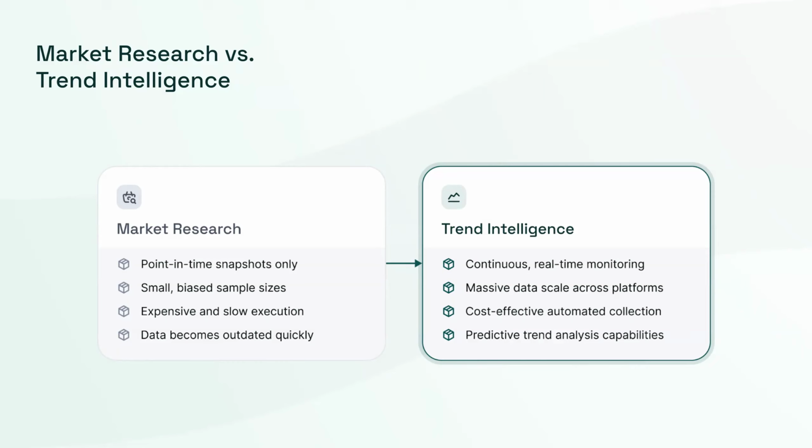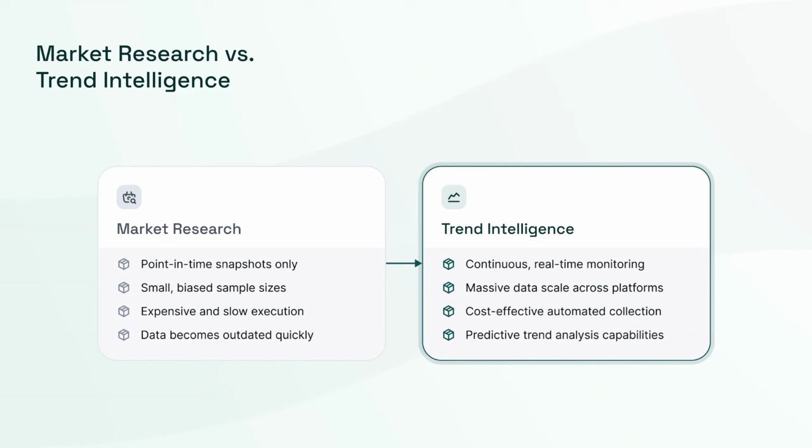A focus group of 10 or 12 people, or even a survey of a few hundred or thousand, doesn't give you the massive scale of real consumer behavior that's available online. They're also expensive and slow. It can take weeks or months to get results, and the cost per insight is quite high.